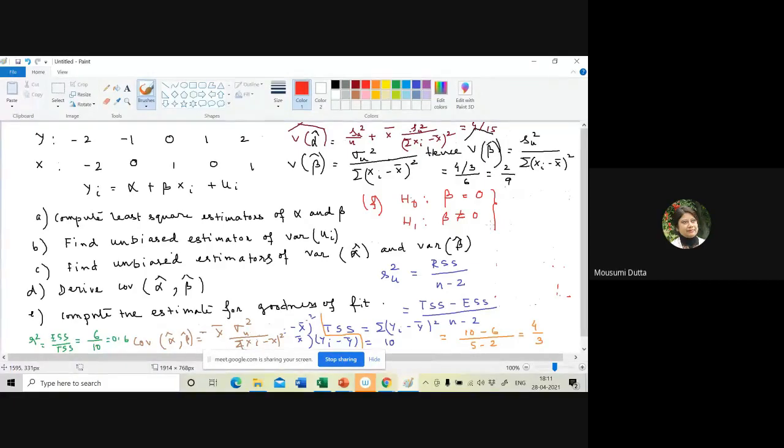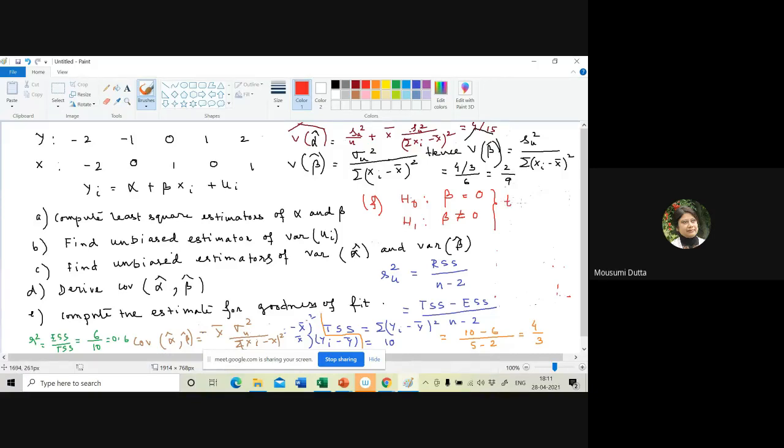Ma'am, here we do not have the knowledge of sigma square. Actually, while we calculated variance of beta hat, we have used S U square. So what will be the relevant distribution here? Tau or T? Ma'am, T with n minus 2 degrees. So we will consider T statistic here.